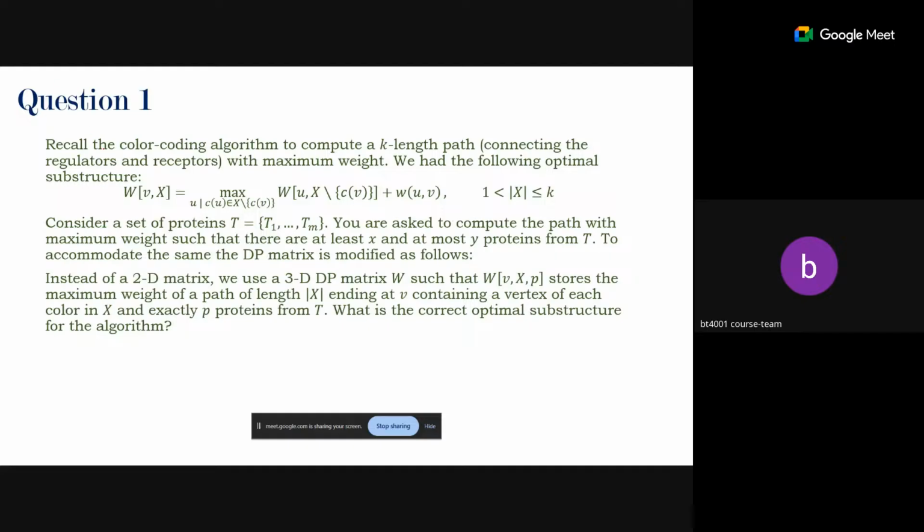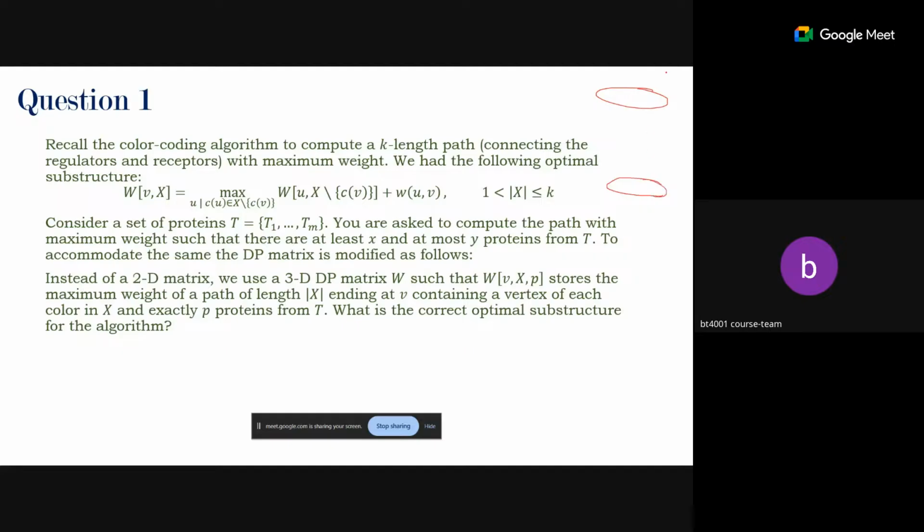I'll just give a brief summary of what we had and what the new variant in the problem is. In the original problem, we had a set of sources and a set of target genes.